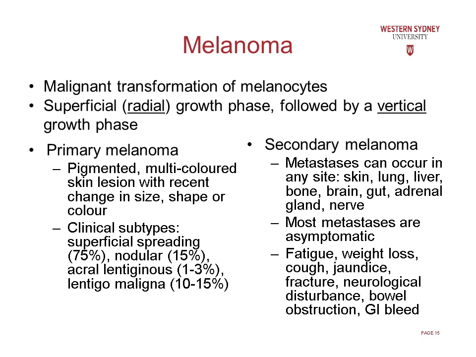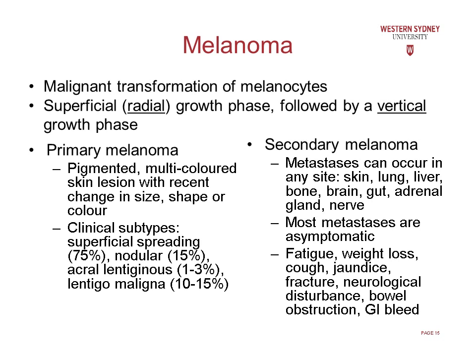Also, melanoma can present once it has spread. Melanoma can metastasize to virtually any site, but in order, most commonly it can metastasize to another part of the skin, to the lung, to the liver, bone, brain, gut, the adrenal glands, and the nerves. However, most metastases are asymptomatic, and if they do present, they present with symptoms associated with the involved organ.